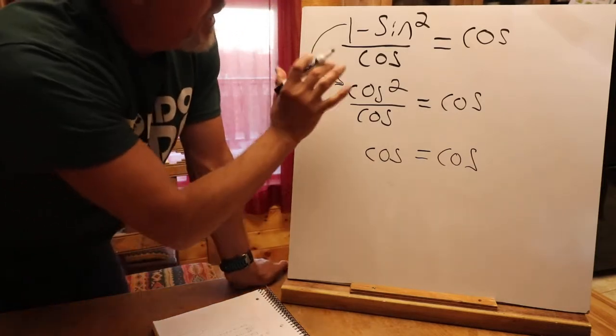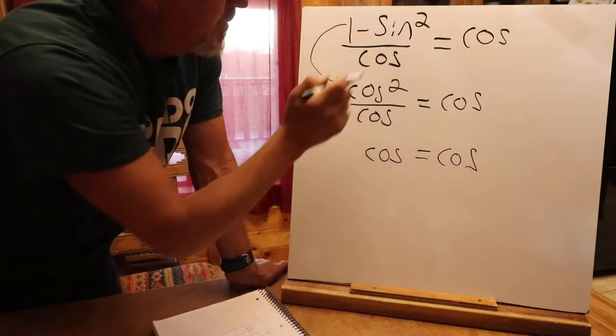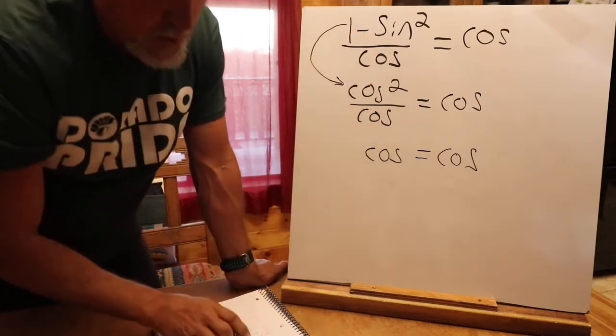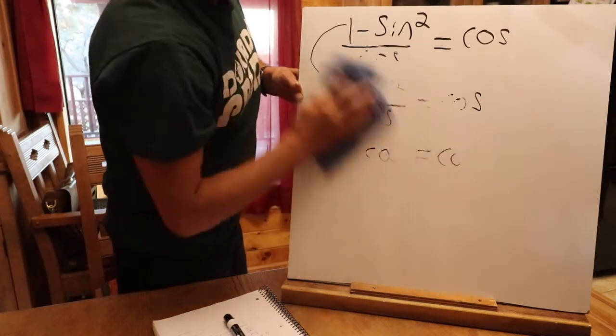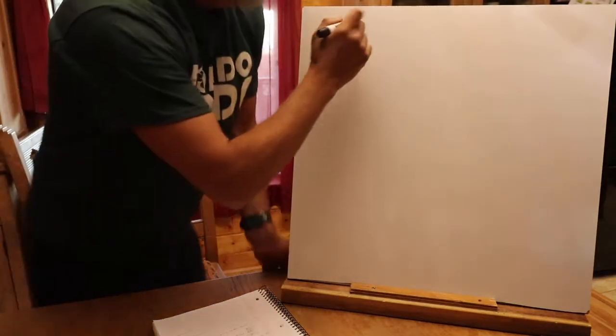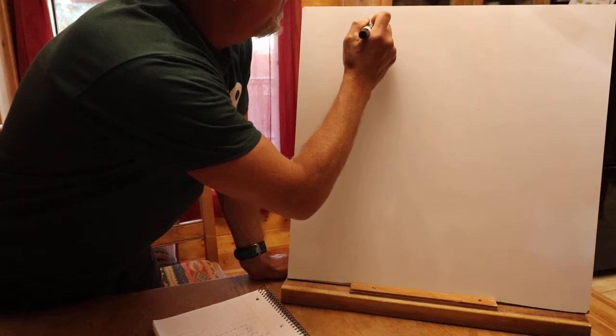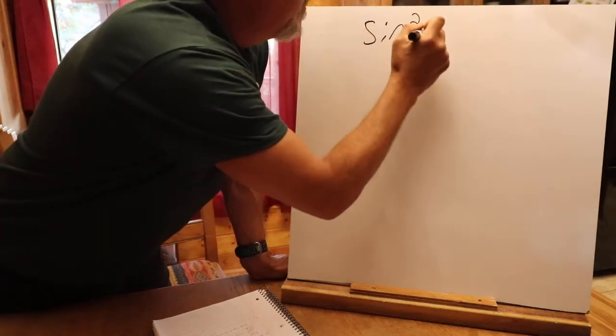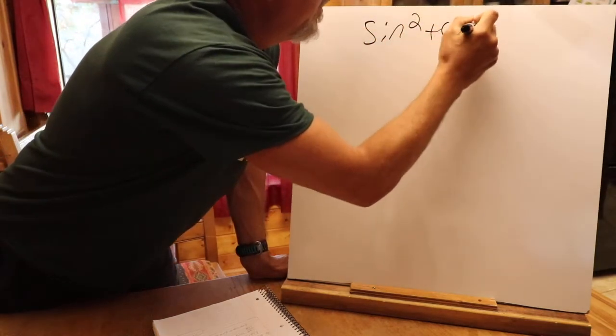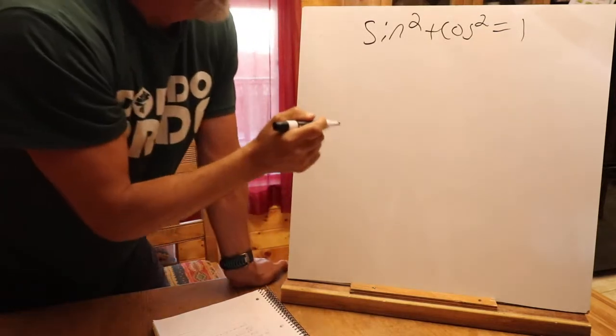Let me show you, just in case you don't understand, how I made 1 minus sine squared into cosine squared. What I did, just so you know, the identity is sine squared plus cosine squared equals 1, and that's on your identity sheet.